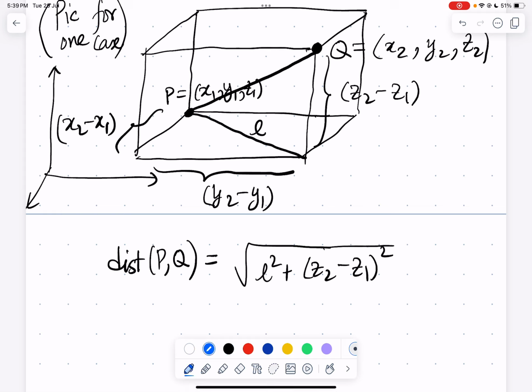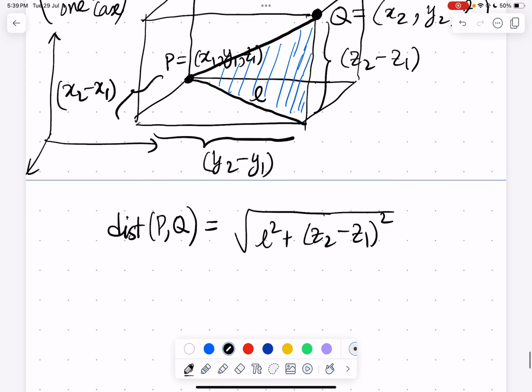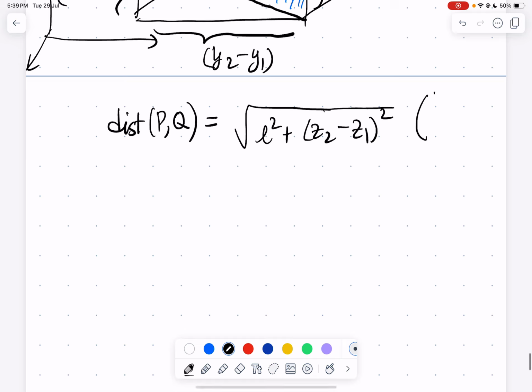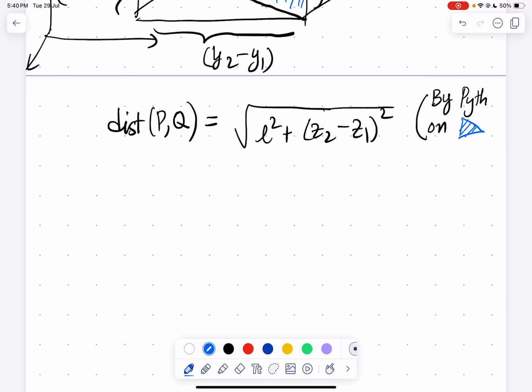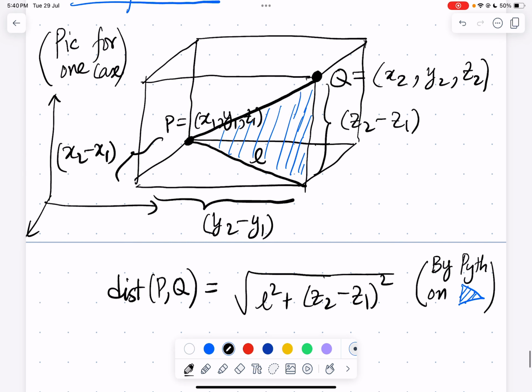This is by using Pythagoras theorem on this blue right angle triangle.